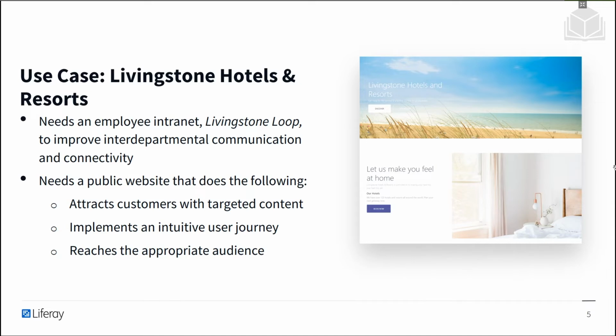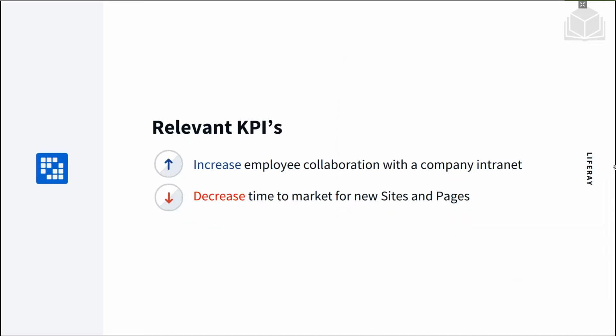The Livingston organization wants an intranet to help its employees share information and collaborate better, and it wants a public website to attract customers with targeted content and to create an engaging user experience. Livingston's key performance indicators are first, to facilitate more employee collaboration in a secure online environment, and two, to make it easy for new sites, pages, and content to be published and to go live.